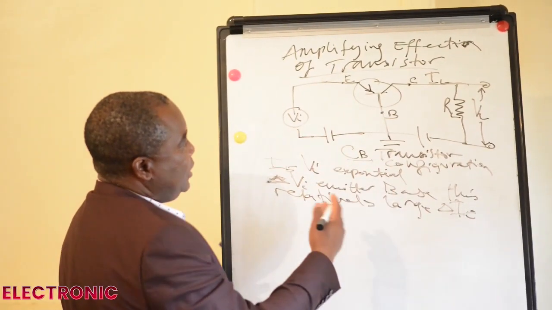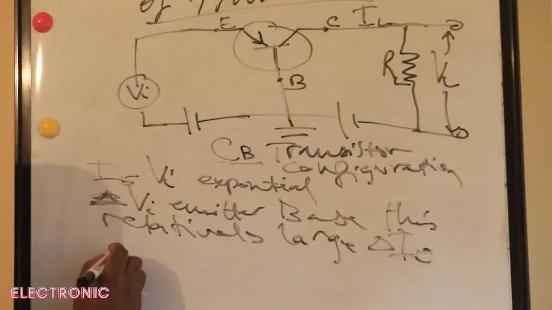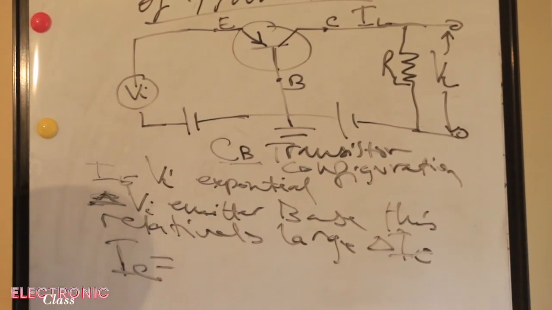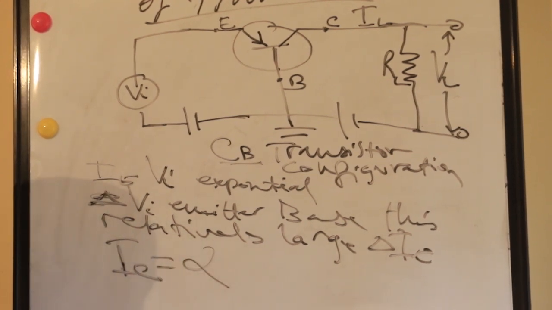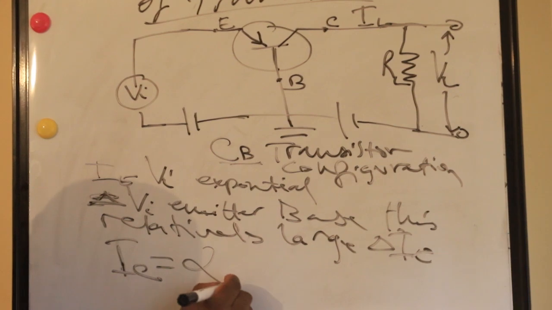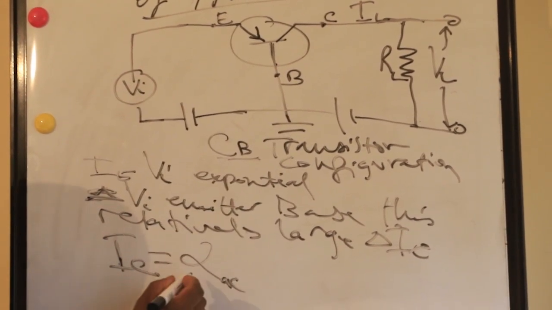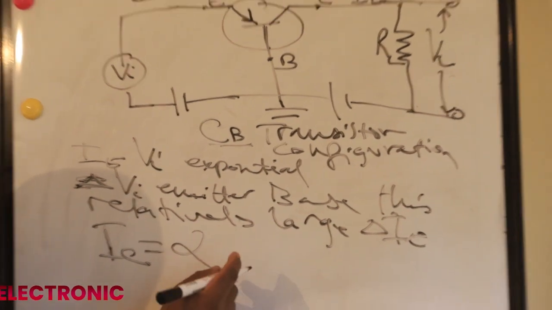So we can see the relation also of collector current. Again, this is an AC circuit. This is called a large current gain.